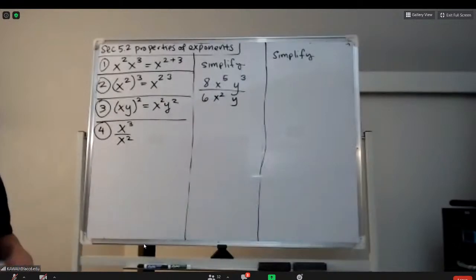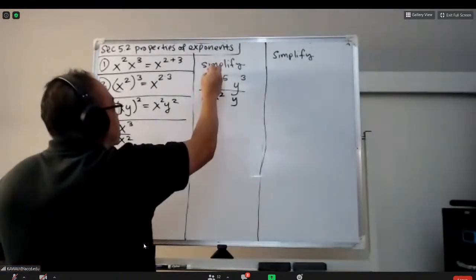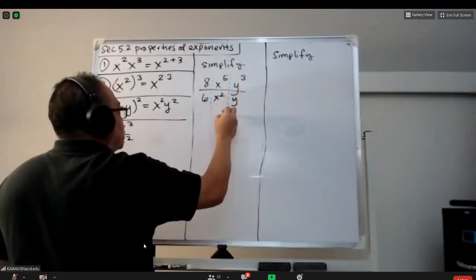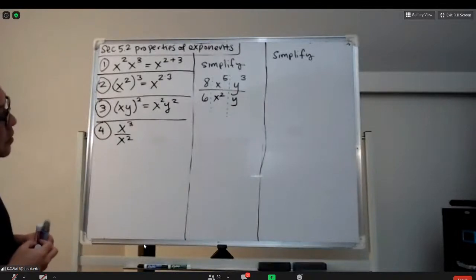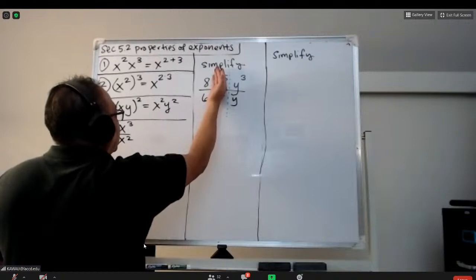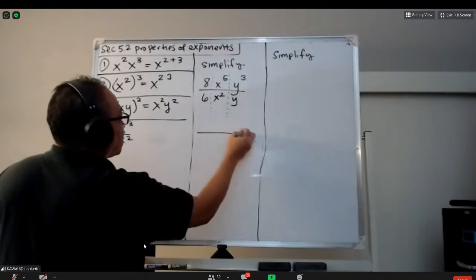Now, what you want to do is you want to look at this as 3 separate problems. Okay. So if you're to simplify this, just like it's a regular fraction, right? Pretend like this is an algebra class, but a pre-algebra class. 2 divides into 8 and 6, so then that would turn into a 4/3.